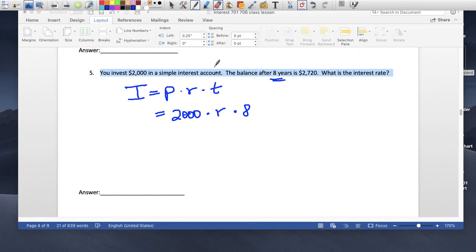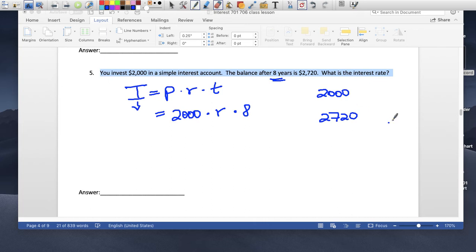So pay attention, because I need to know how much did the bank give you after 8 years. Do we know that? In a way we do. So you put in 2,000, and after 8 years, how much money did you have in the bank? 2,720. Does it mean you made 2,720? No, you didn't.